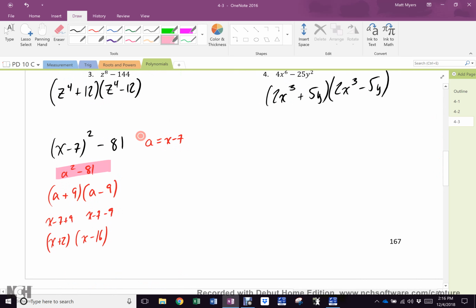I have made that a that. Wait, I still don't understand where the x minus 7 is. It was already there, Suhani. That is the question. I made a equal that so I could change how it looks to make it easy.